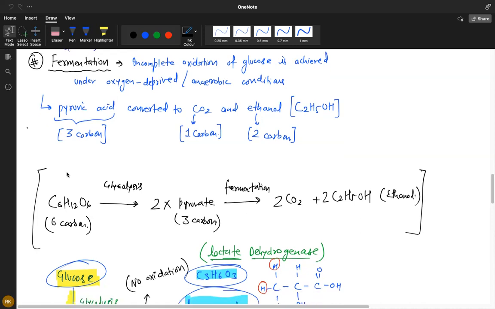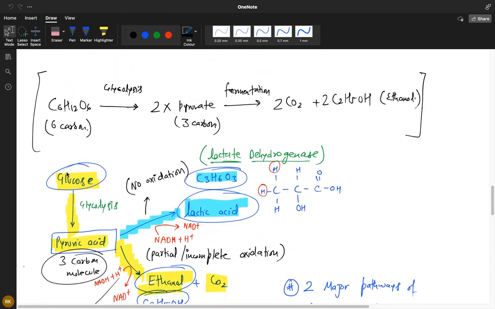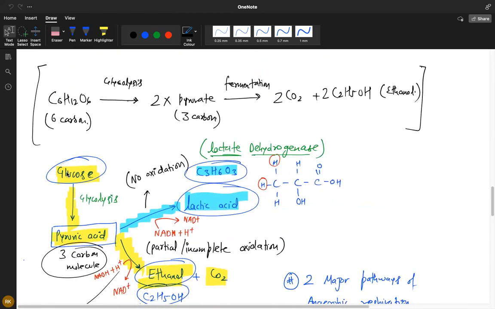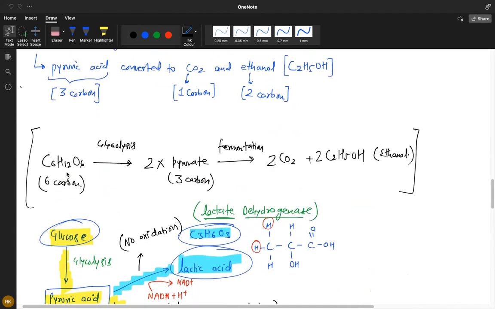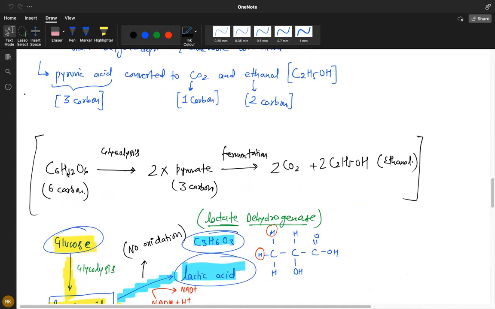When glucose is converted into pyruvate through the process of glycolysis, then the pyruvate gets converted into carbon dioxide and it is known as oxidative breakdown. But in case of fermentation, all of the pyruvate does not get converted into carbon dioxide.